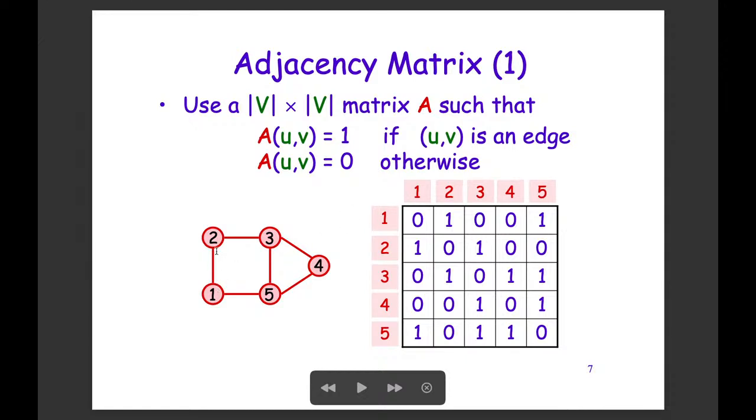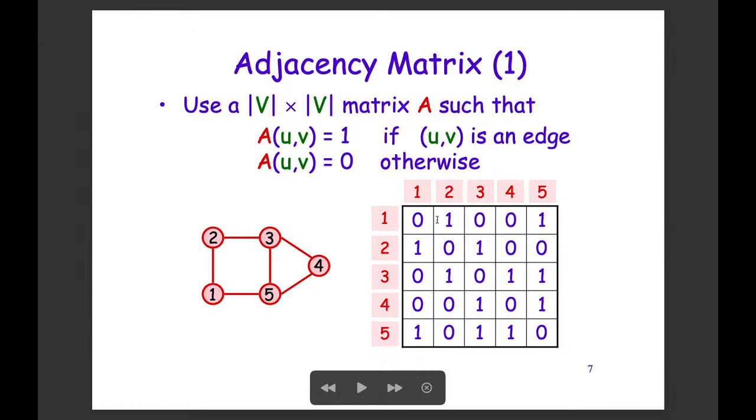So 1 is joining to 2 and also 5. So in that case, we will specify this by, in this entry 1, 2, we'll put a 1 there to represent that 1 and 2 are neighbors. And then 1, 5, in this particular entry, we will also specify this to be 1.